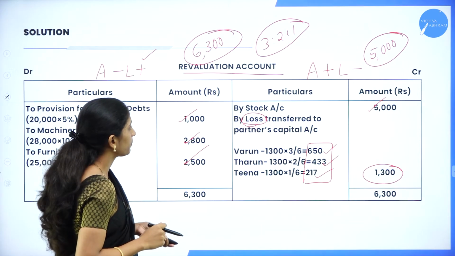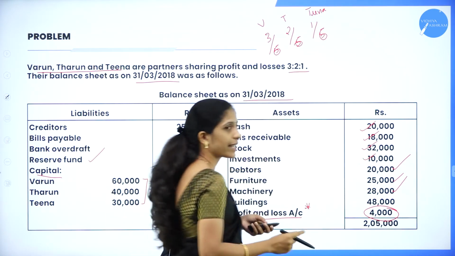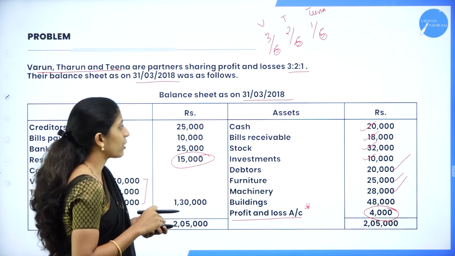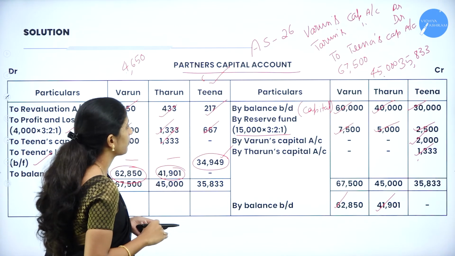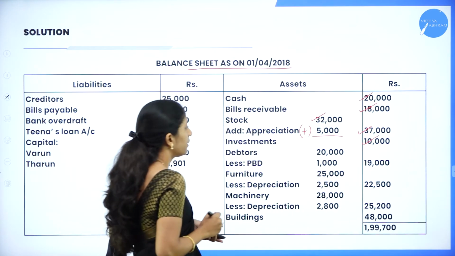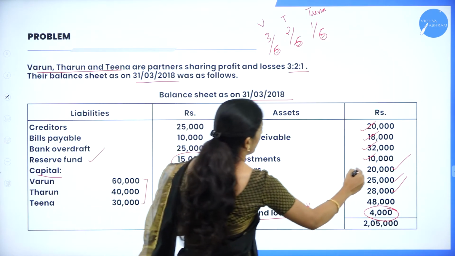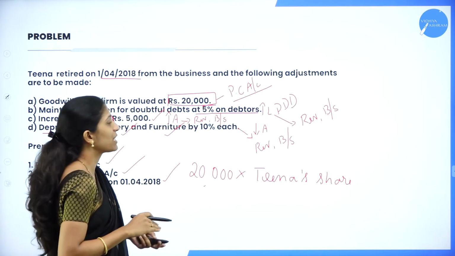Next item is investment. There is no increase or decrease in investment, which means it remains the same. So the same amount has to be recorded in the closing balance sheet also. So investment 10,000. Next we have debtors 20,000, but there was a provision for bad debts, how much? 5%.